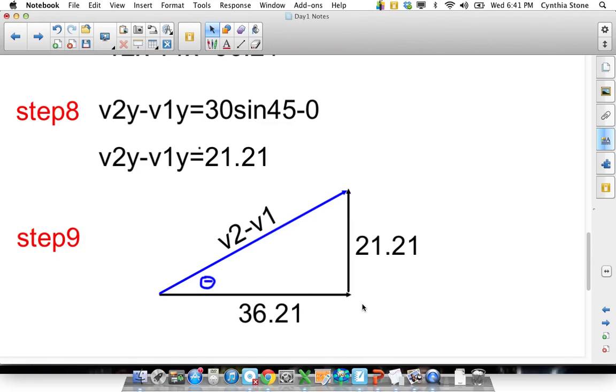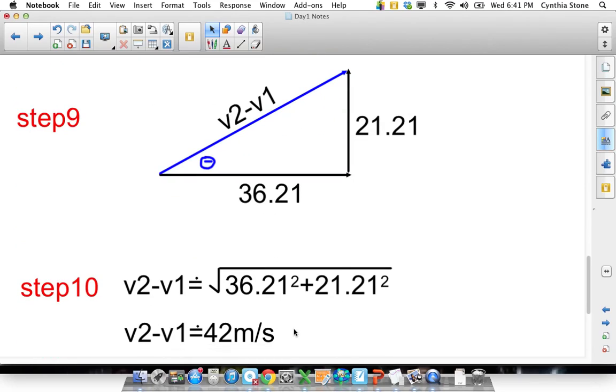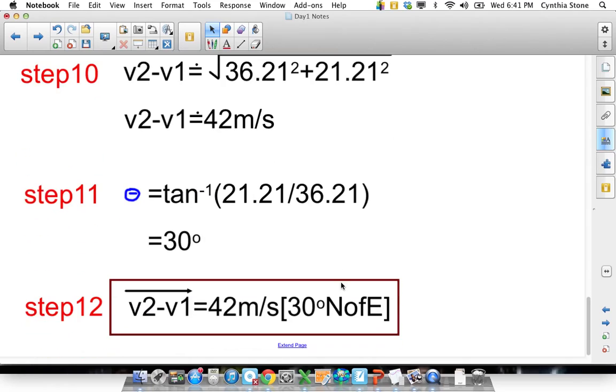Okay? Once I have a right angled triangle, you can use the Pythagorean theorem to solve for the magnitude of v2 minus v1. Remember, magnitude is the number plus the units. And then you can use inverse tangent to find the angle, opposite over adjacent. And then I get my overall answer.